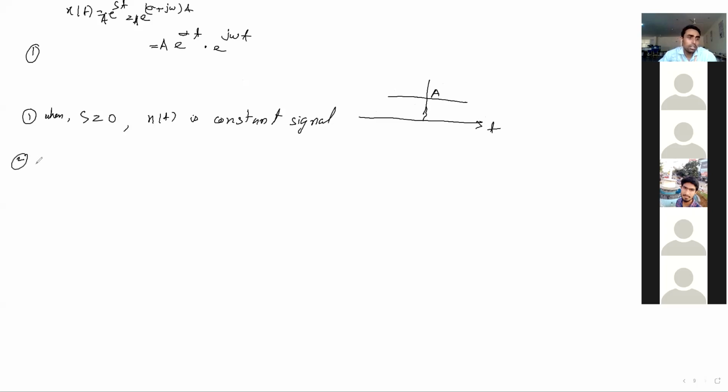So come to the second property. When s equal to some positive value, it's similar to the previous properties of the real exponential signal. Only positive real values are there, where omega equal to 0. Here you can write sigma equal to 0 and omega equal to 0.